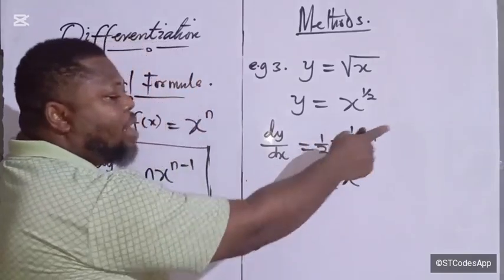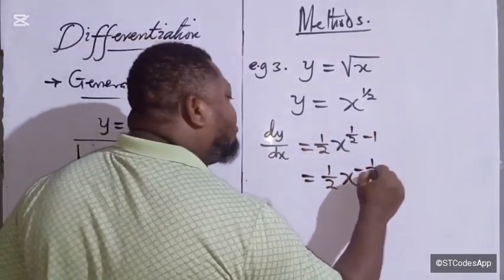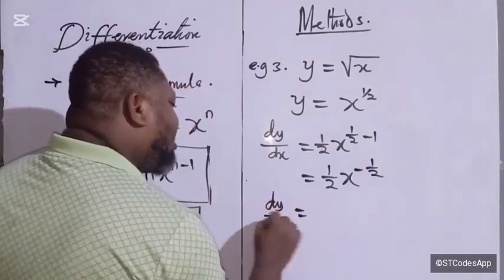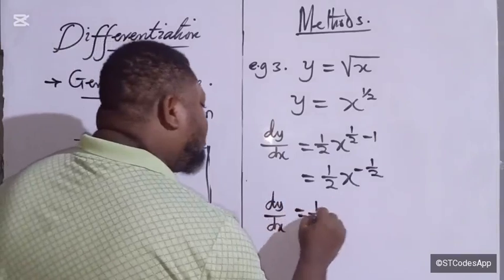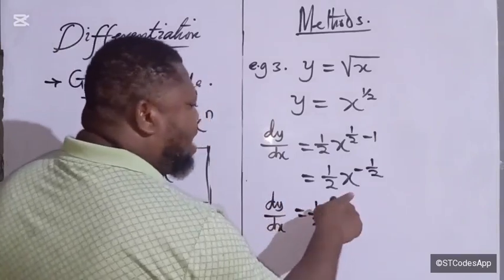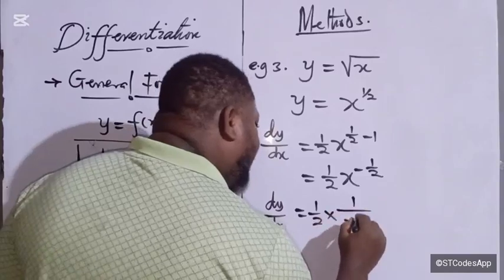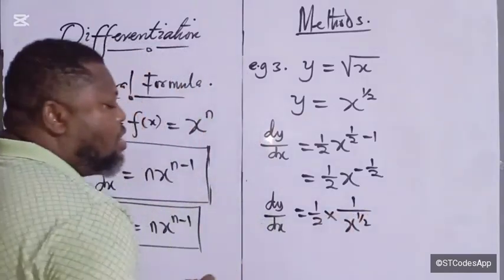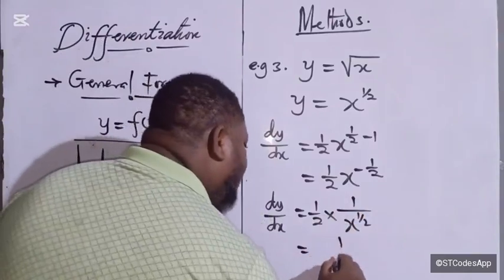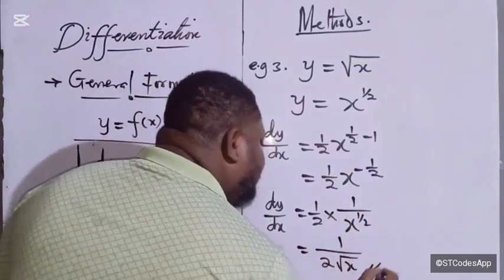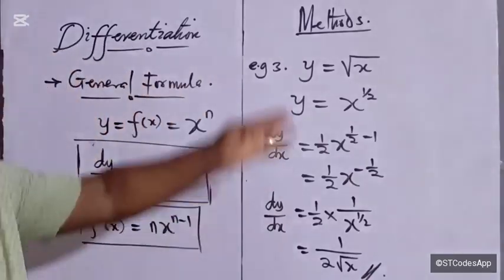Half minus 1 is negative half. So dy/dx is 1 over 2 times x to the power negative half. By the indices law, that is 1 over 2 root x. This is the derivative of this function.